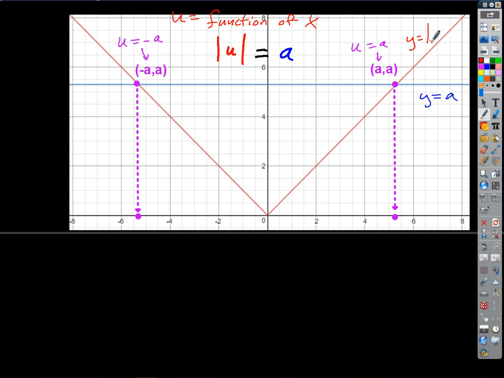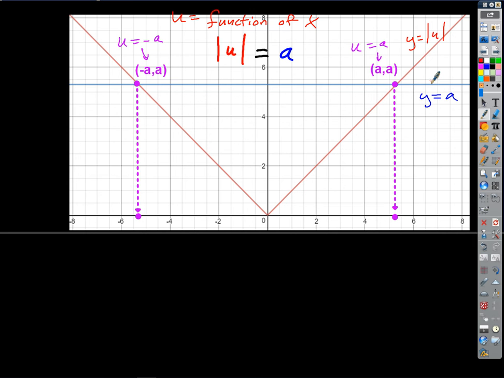y equals absolute value of u, right? And we're just intersecting those two things. Okay, where are the intersections going to be? There and there, right? When we go over by a, we go up by a, and so we will be at a point that has the same y coordinate as that line. Does that make sense?